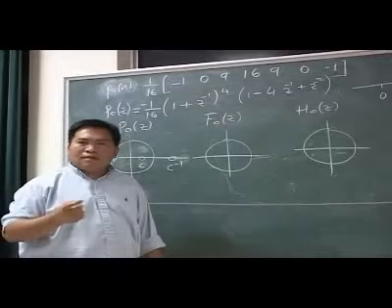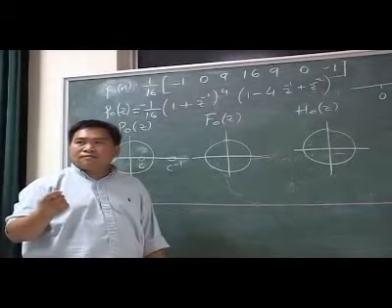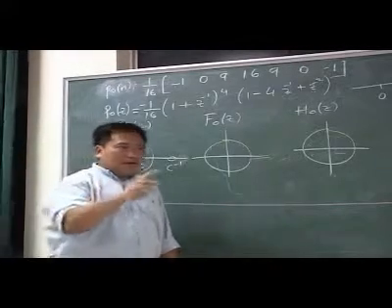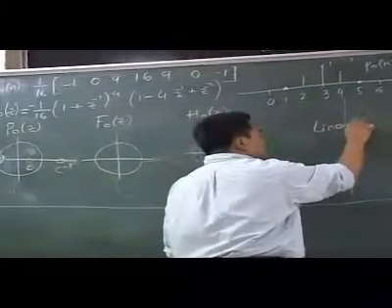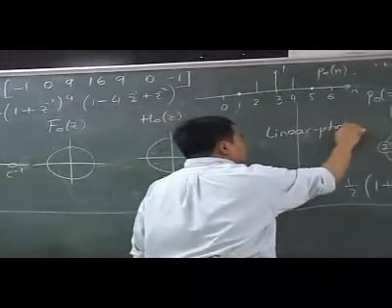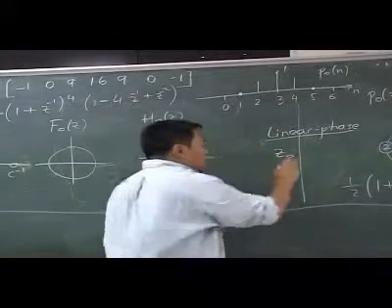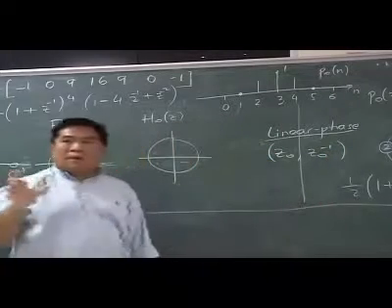What is the zero for a linear phase system? It has to be inverse of each other, right? For a linear phase system, you can show that if Z naught is a 0, Z naught inverse is also a 0. Zeros come in pairs.